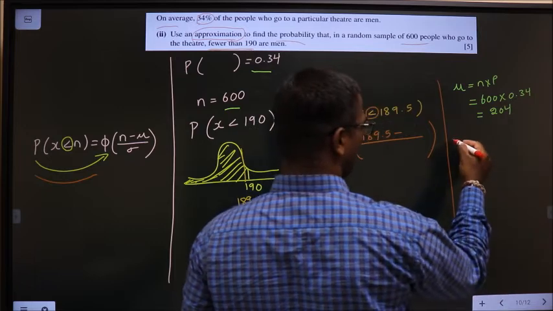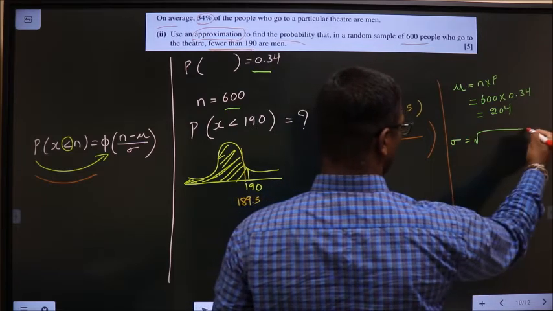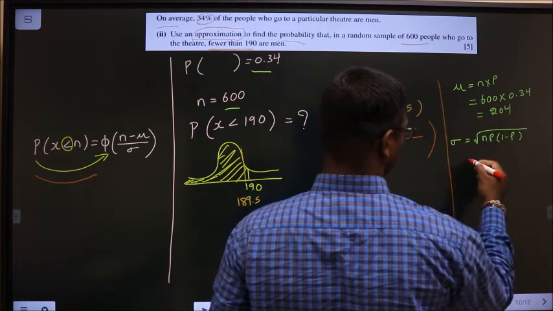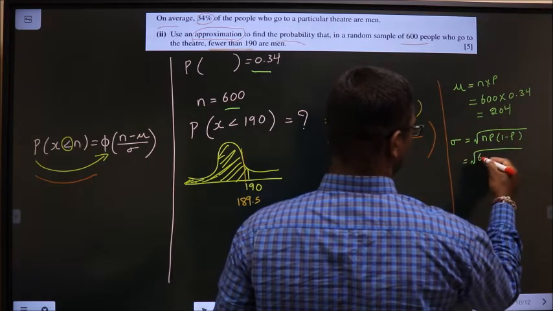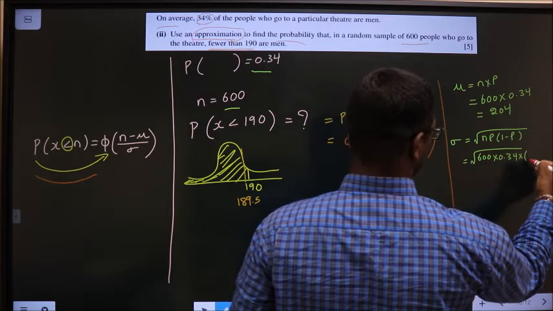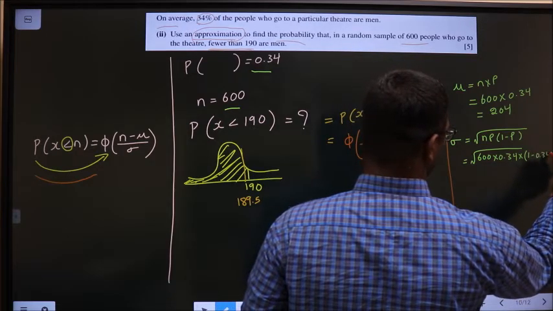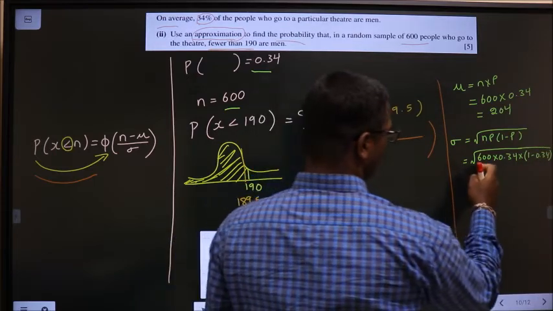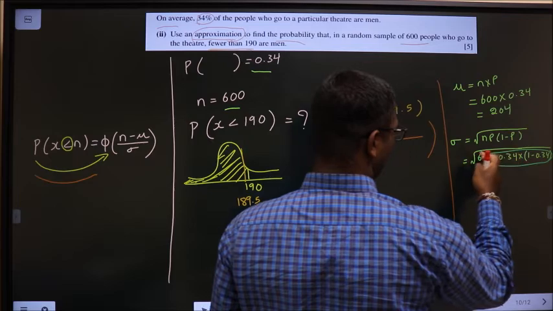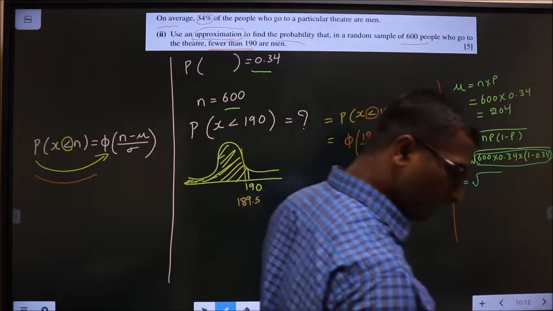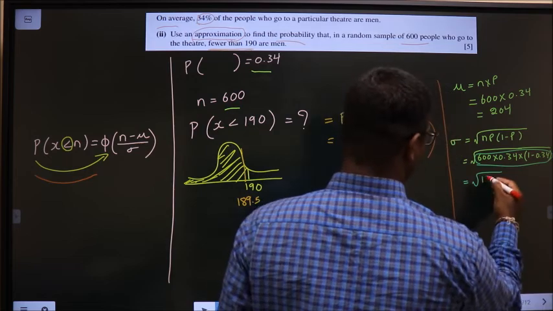And the formula for calculating standard deviation is square root of N P into (1 minus P). So N is 600 into 0.34 into (1 minus 0.34). Now, put this at once in the calculator. You get it to be 134.64.